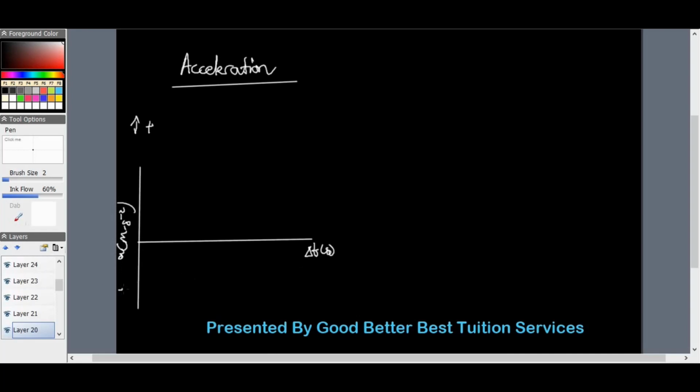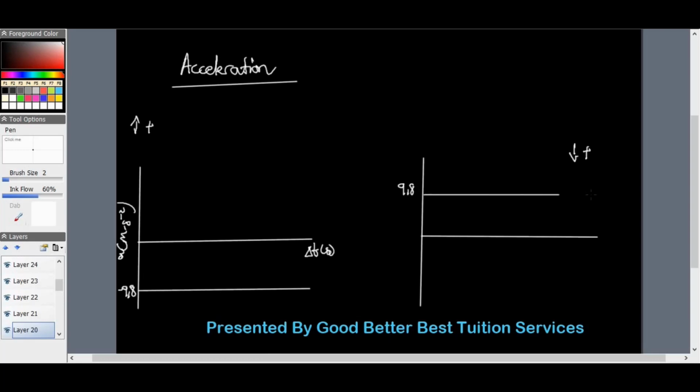And of course it can only be 9,8 or negative 9,8 in this case. If you take upwards as positive, your acceleration value will be negative. Okay, showing that obviously upwards is your positive, so everything downward is negative. Of course, if your downward is positive, then your acceleration is going to be positive 9,8.